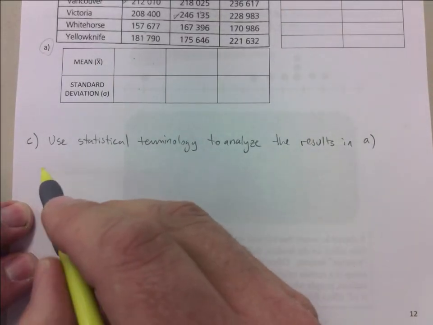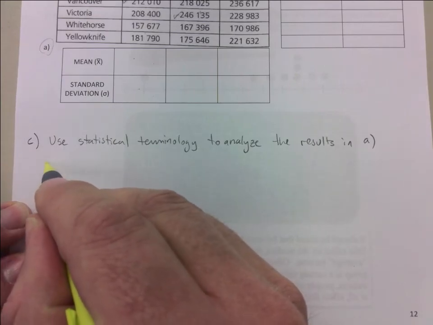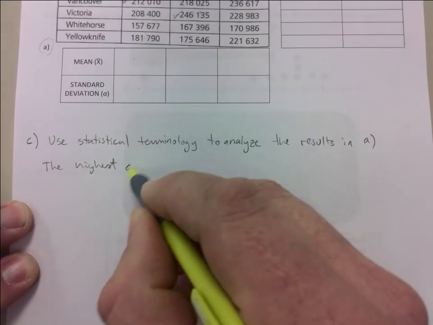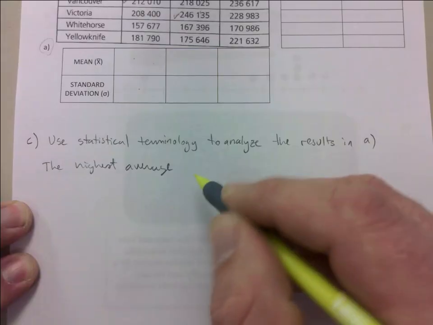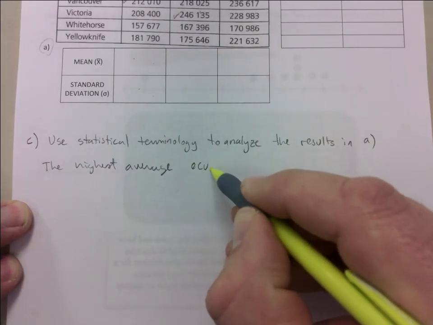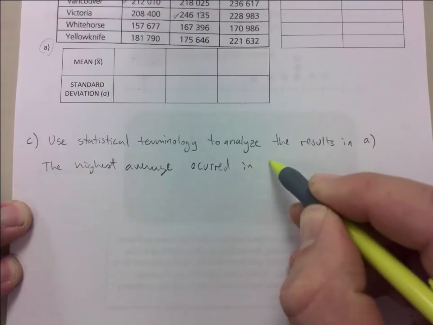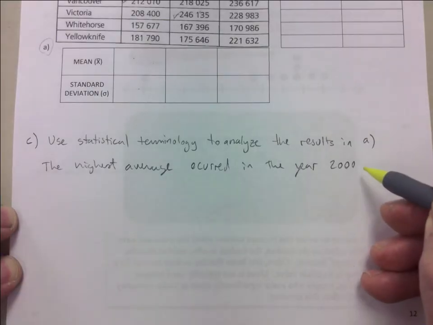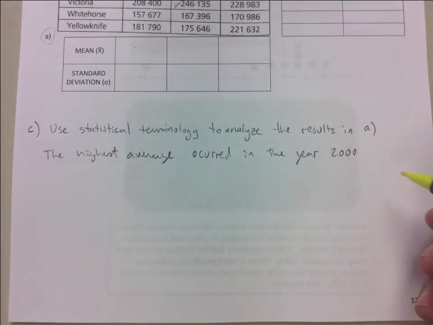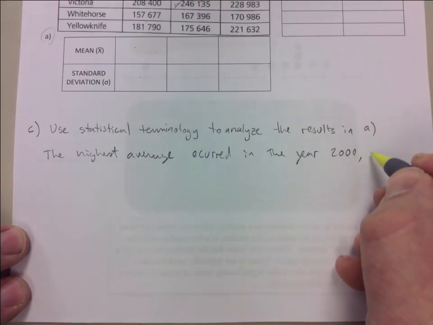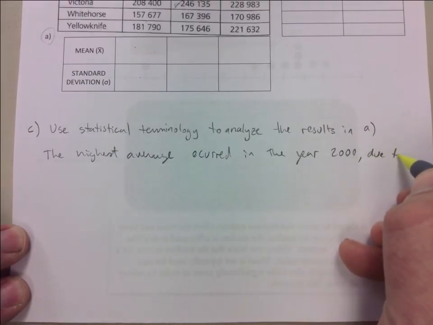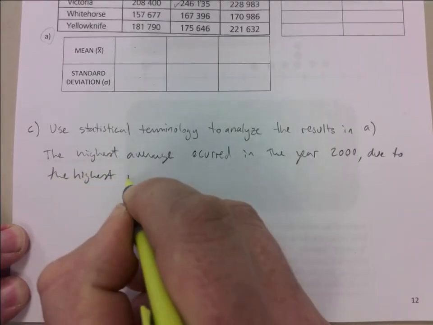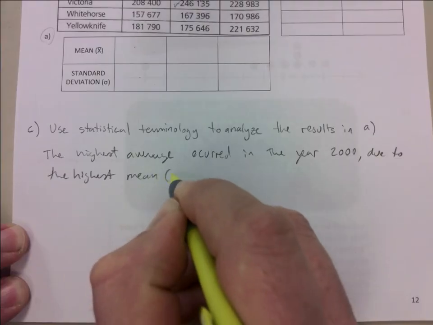Let's write this down here so you have something to analyze the results in A. So I will say that the highest average occurred in the year 2000. Okay, this is dated, but the skill still stays the same. Due to the highest mean.